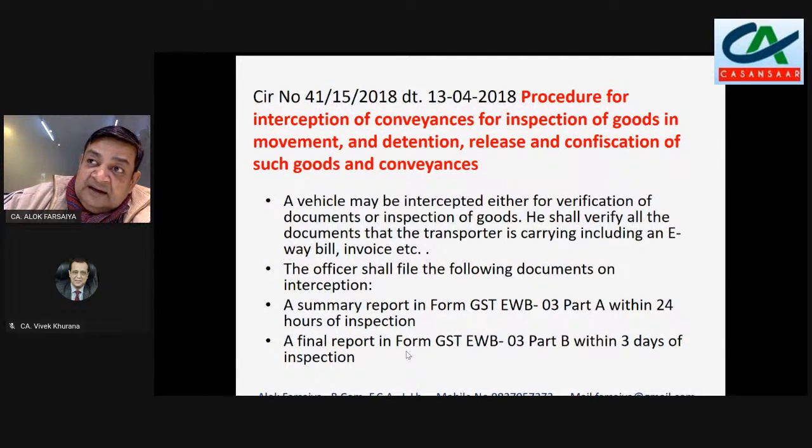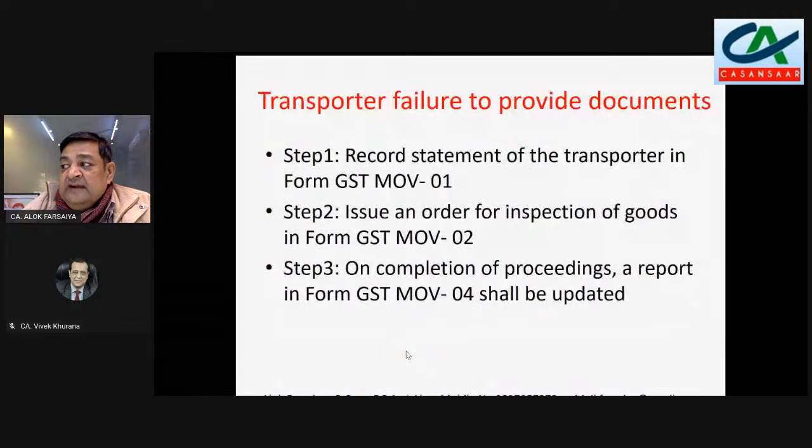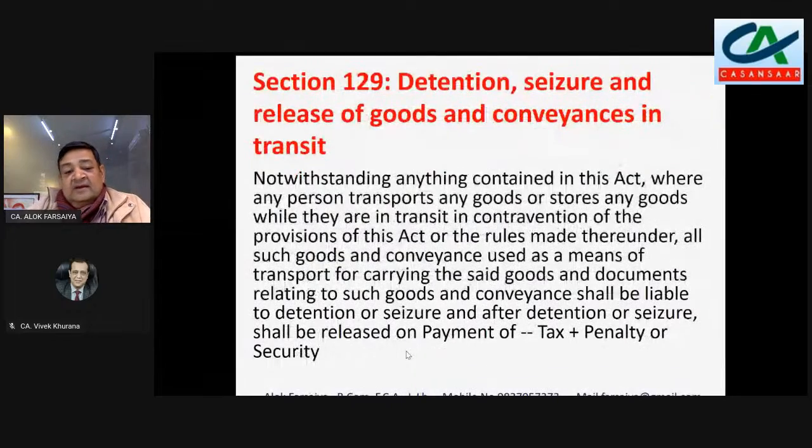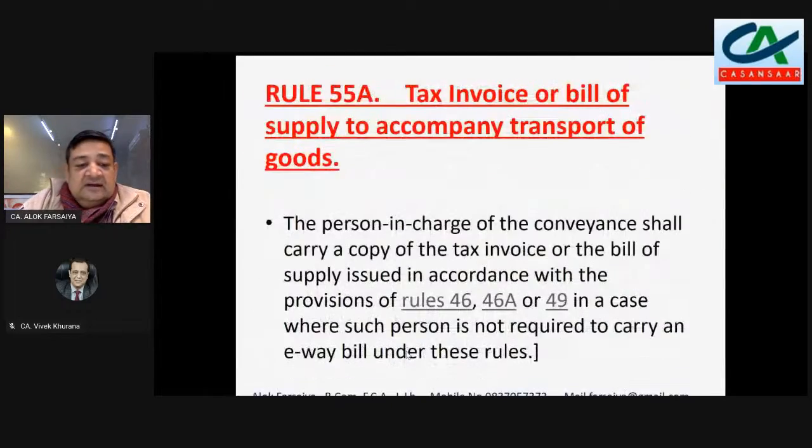But still, to err is human, and humans commit such errors. And for those errors, the department came up with circular number 64 dated 14/9/2018, where they specified 6 errors.